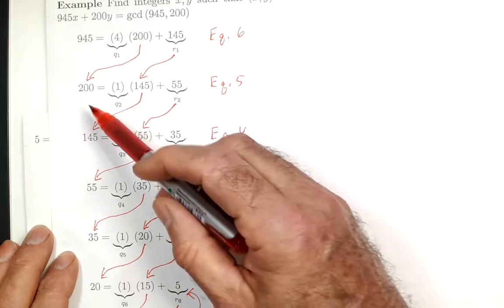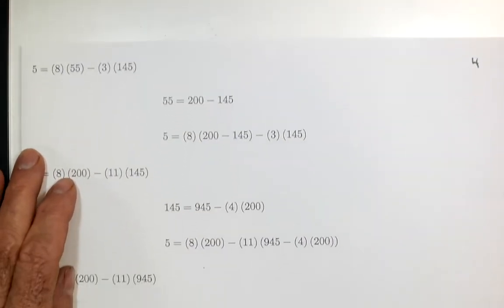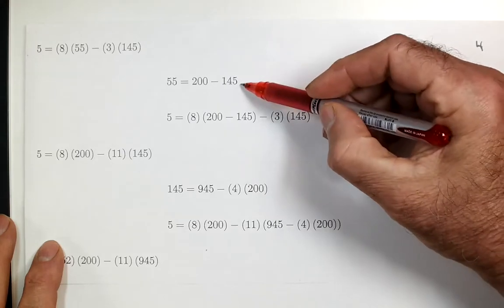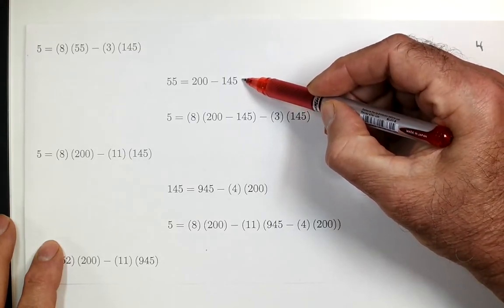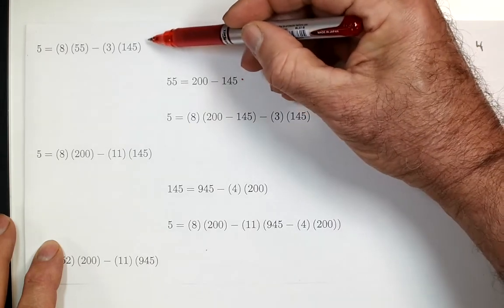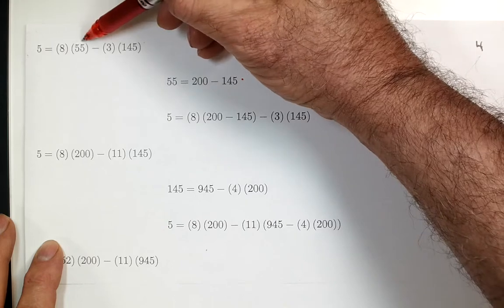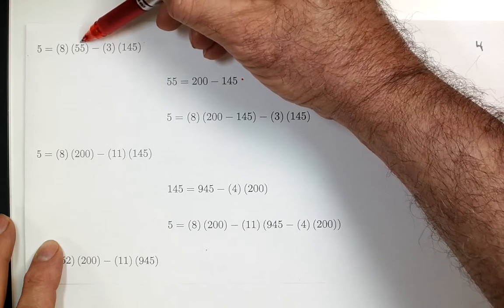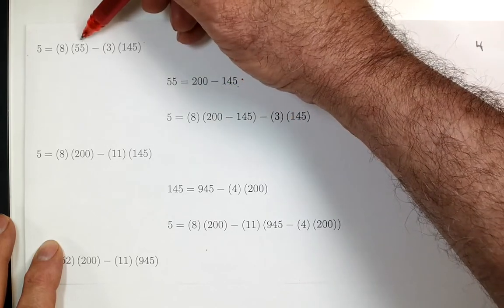55 equals 200 minus 145. So we write that down, and then we're going to take this expression for 55, and we're going to plug it into the previous equation right there. So where we see 55 up here, we're going to take 200 minus 145 and plug it in.